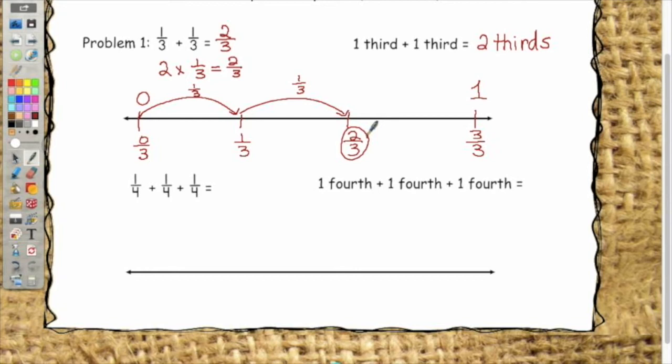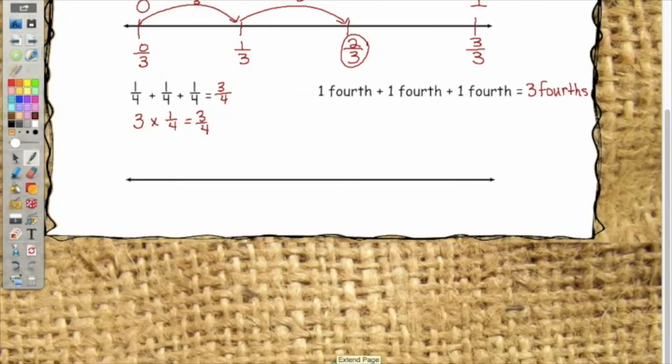So starting with this, what's my answer? 3/4. What does not change? The fourth, the denominator, okay? So how many copies of 1/4 do I have here? 3 copies of 1/4 equals 3/4. Okay, so this number line is going to look a little different. Is 3/4 more or less than 1 whole? Less. Okay, so 1 goes on the right. 3 tick marks. Why 3 tick marks?